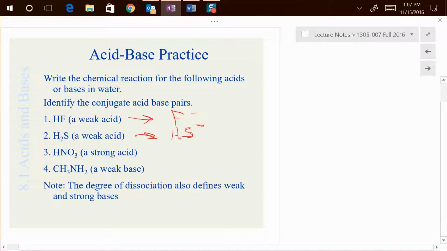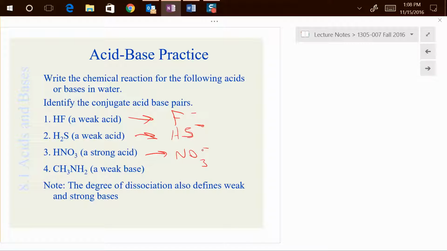So, what is the conjugate base, I guess, of this strong acid HNO3? You always become more negatively charged when you lose a hydrogen, an H plus ion. Okay? You'll become more and more negatively charged. Right?